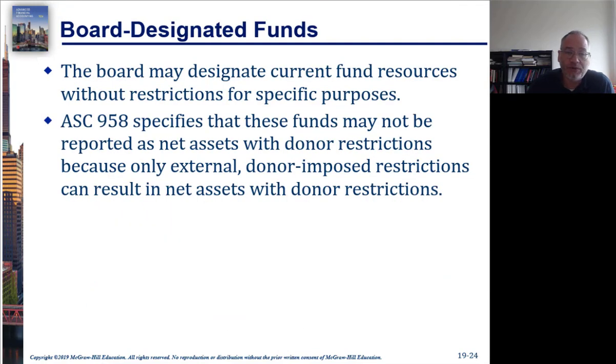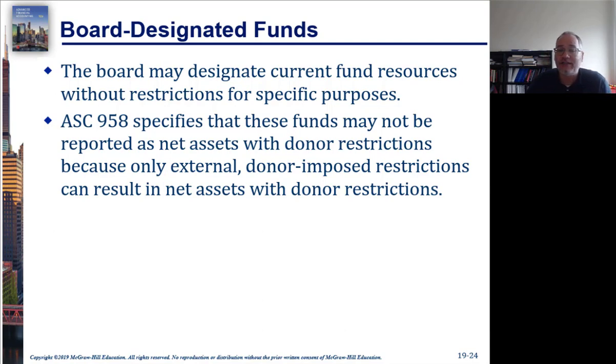You also have something called board designated funds. The board sometimes will say, well, we have this extra money, we want to set it aside for this purpose. That is not a donor restriction, okay? And this is another CPA exam question.